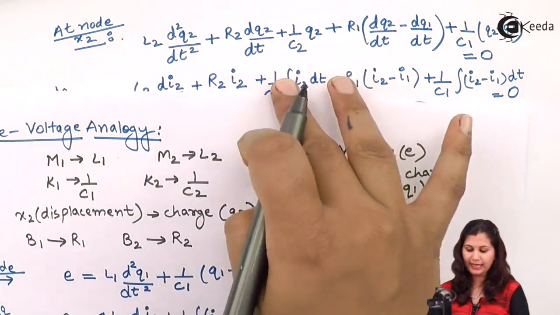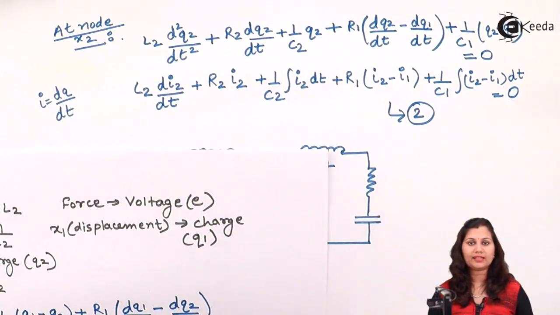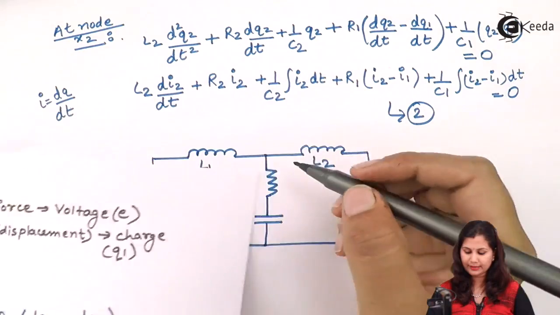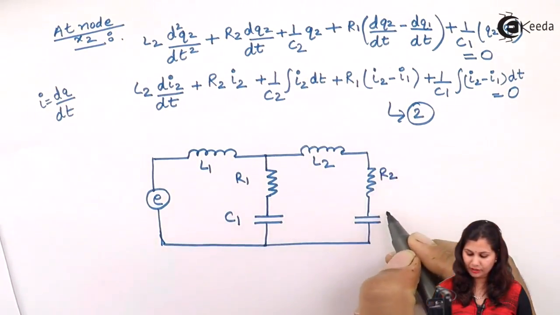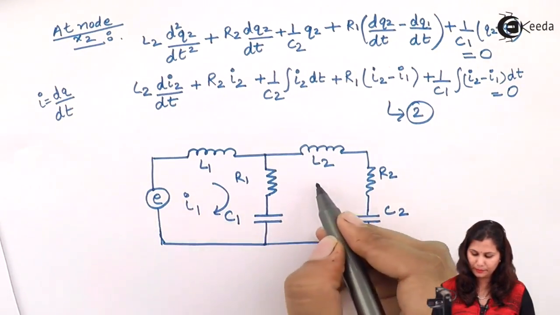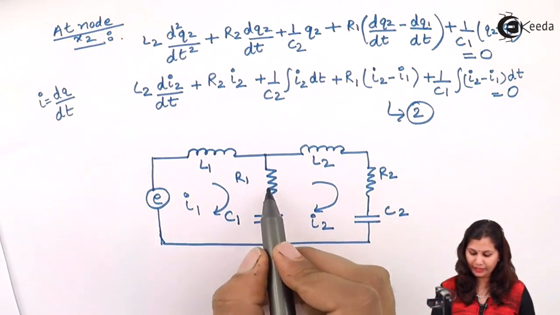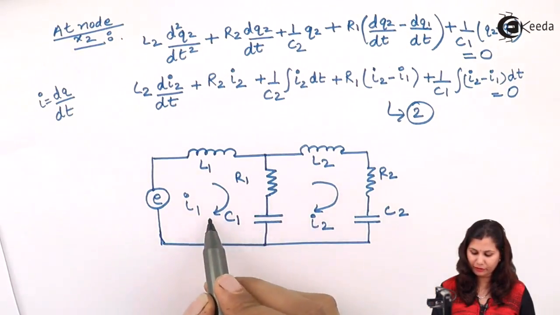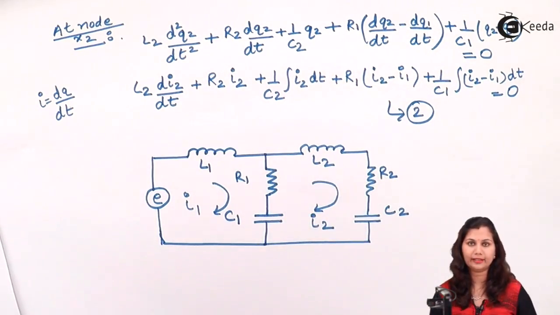You have to just analyze these two equations. When you analyze, see which of the elements are associated with both the currents. Those elements will be connected on the common side; they will be common to both the loops. So we will have here R2 and C2, this is the current I1 in this loop, and the other loop will have the current I2 in it. For R1, the equation will be R1 times (I1 minus I2), or R1 times (I2 minus I1); we are getting it in the equations.